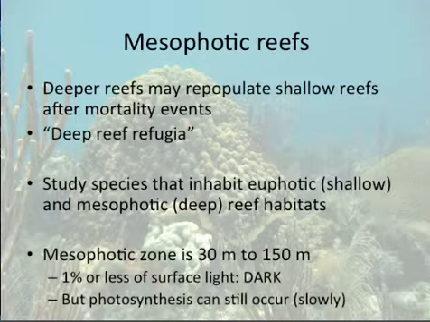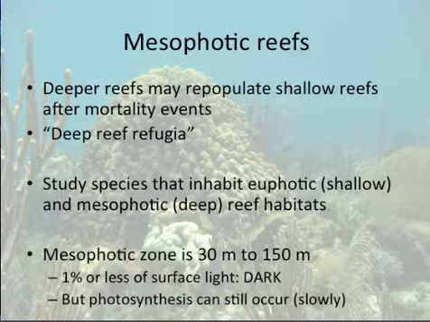So some of those stressors that I mentioned earlier, such as coral bleaching or storm events or pollution events that can cause corals to be killed, some of that may be mitigated when a species that can survive in both deep water and shallow water can repopulate from deep to shallow. This idea is known as the deep reef refugia hypothesis.